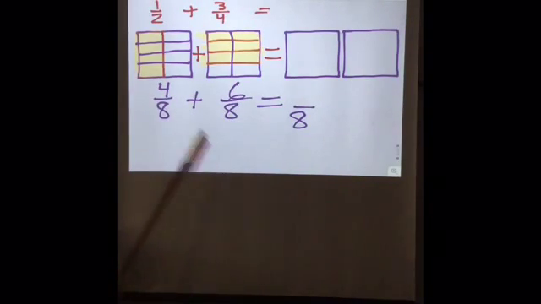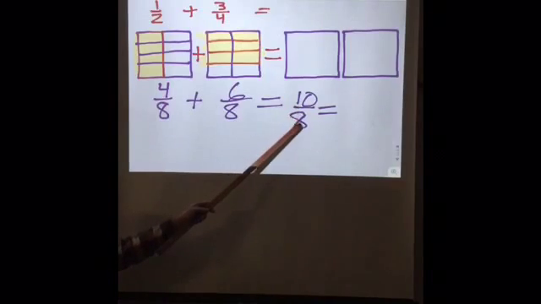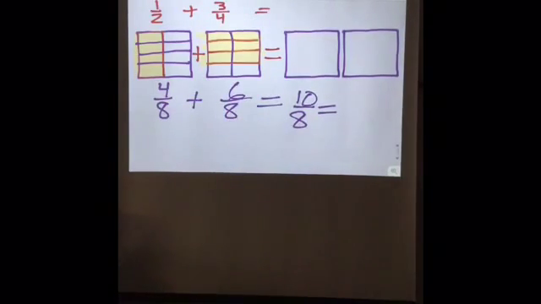Right. And then what's my top number going to be? 10. 6 plus 4 is 10. Wow. I have 10 over 8. What is that called? Improper fraction. Why? Because the top number is bigger than the bottom number.